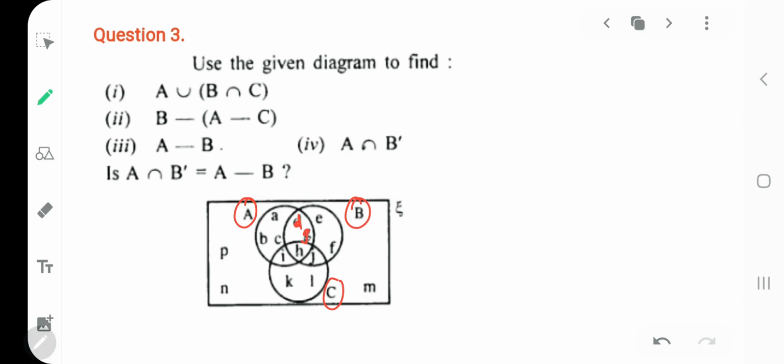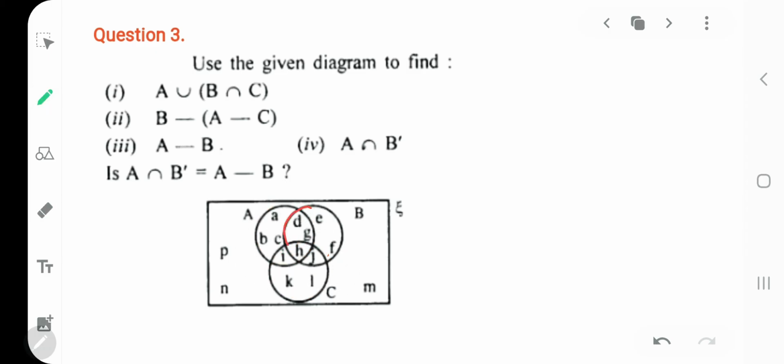D, G, H, sorry. These 3 are intersection between A and B. And if you want to find intersection between A and C, so you have to take this circle and this circle. So what is the intersection? I and H.